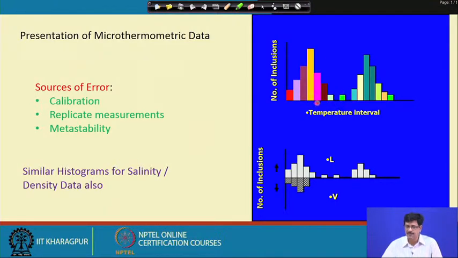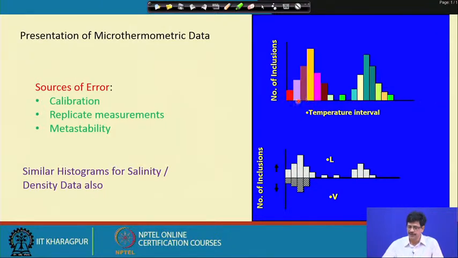The histogram is plotted only with the intention to see whether we get a single unimodal distribution of the salinity, or we get what is shown here. If we see this kind of distribution, we call it bimodal, meaning there are two distinctly different salinity values, a low and a moderate salinity value.